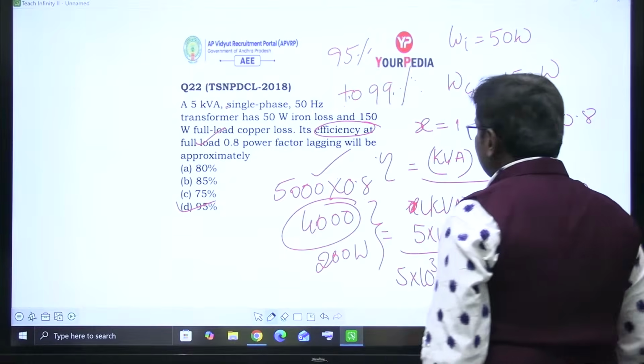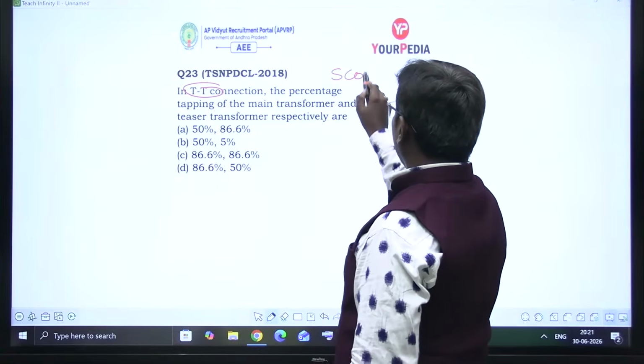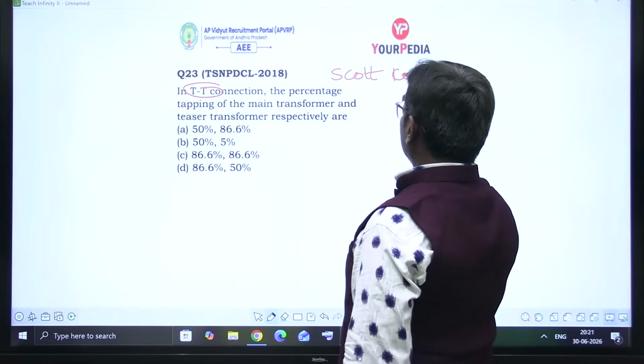Now, this is called the Scott connection. TT connection is called the Scott connection.